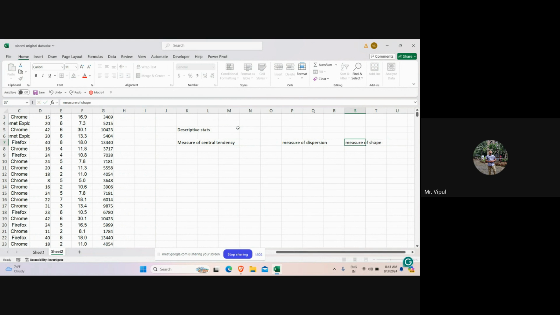Right. Measure of central tendency we have discussed: mean, median, and mode. In measure of dispersion we have range, quartiles, and standard deviation.